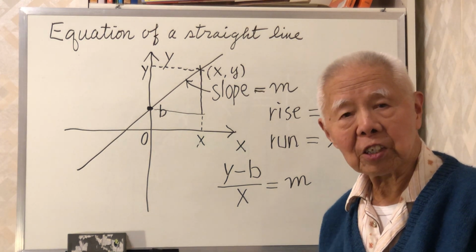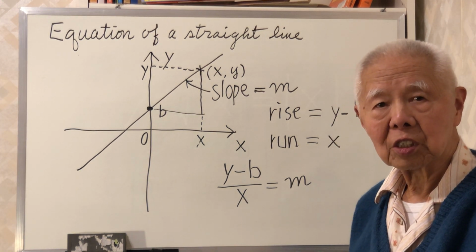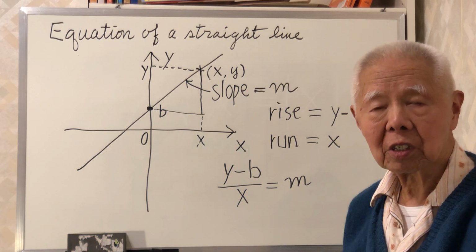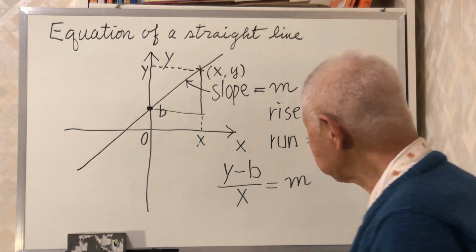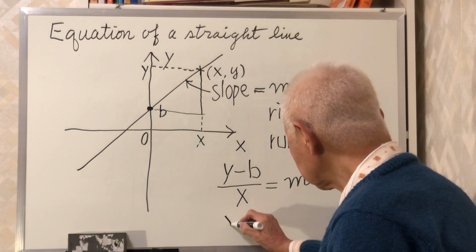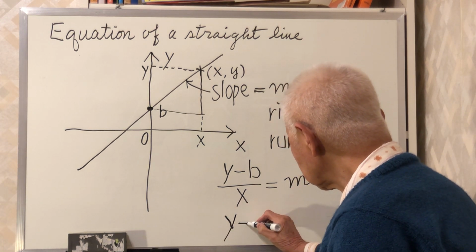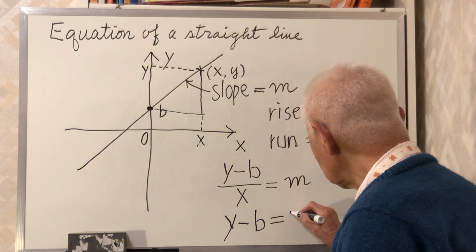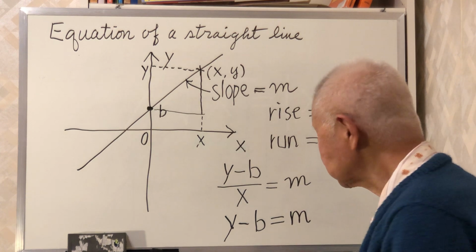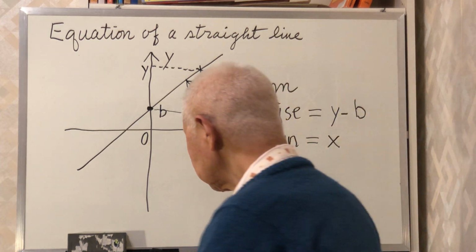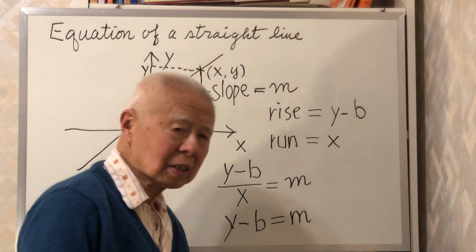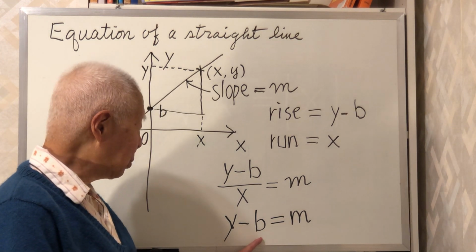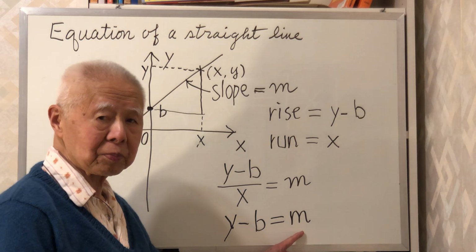I multiply this equation by x on both sides, then I get y minus b equals m x.